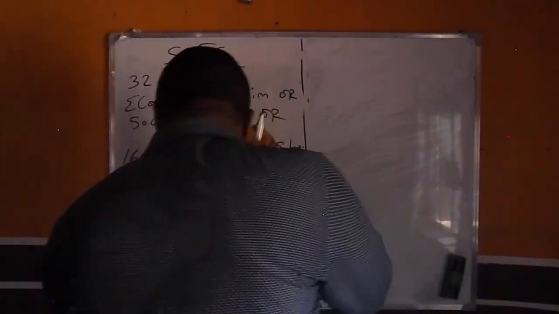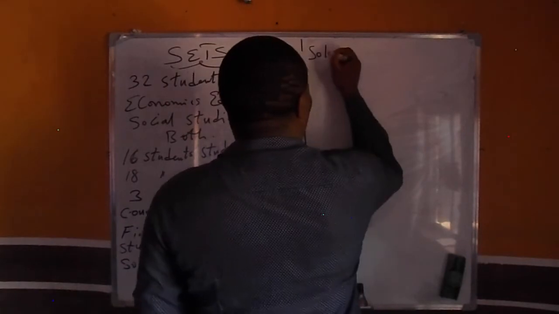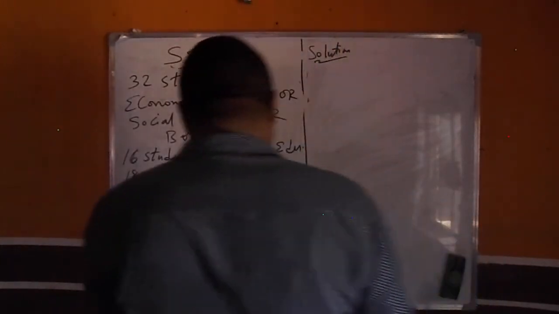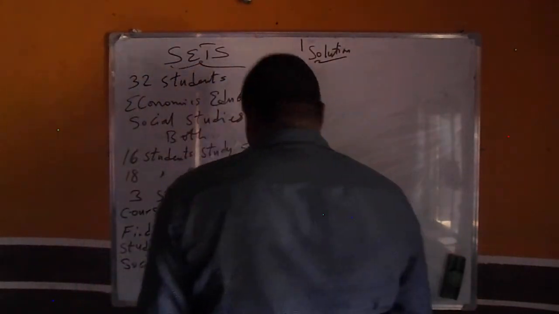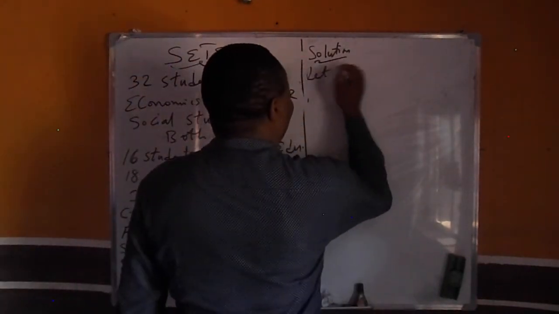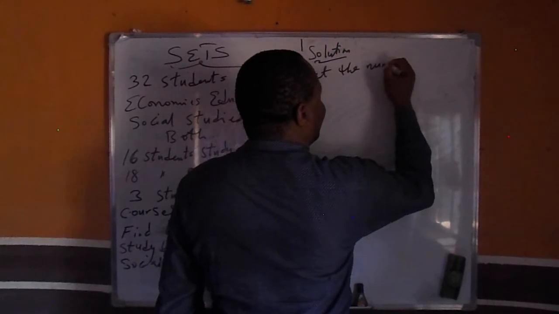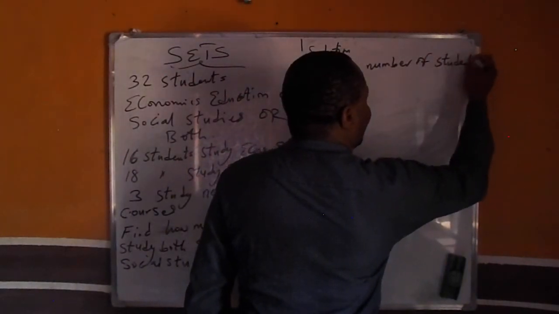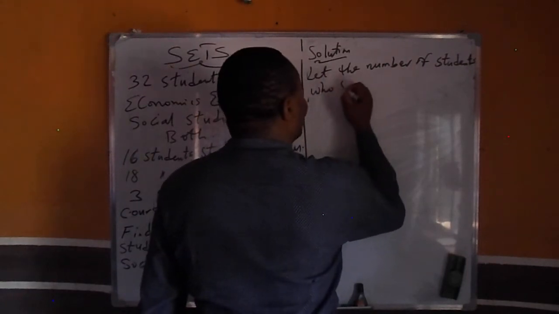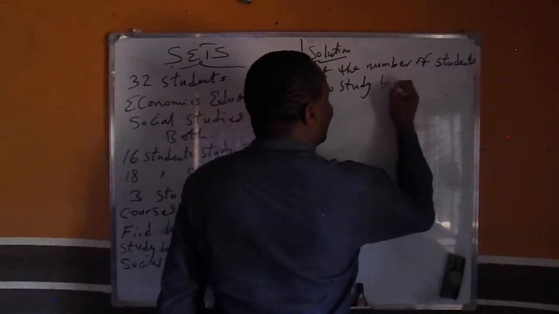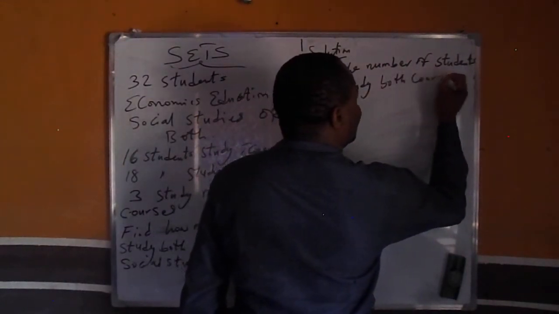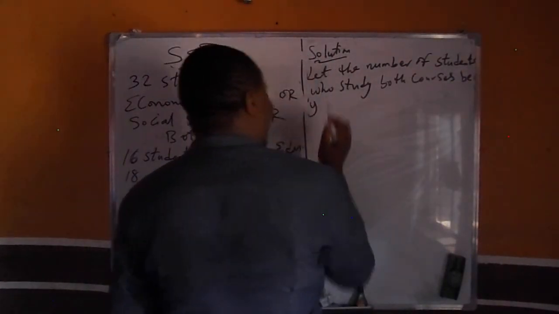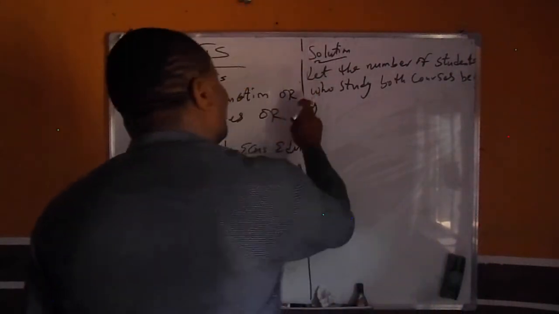The first thing to note in this solution is that we let the number of students who study both courses be y.